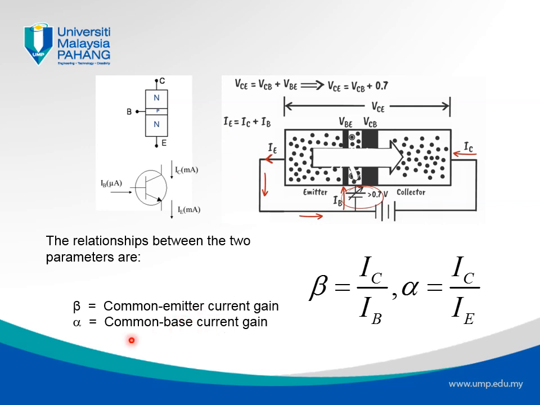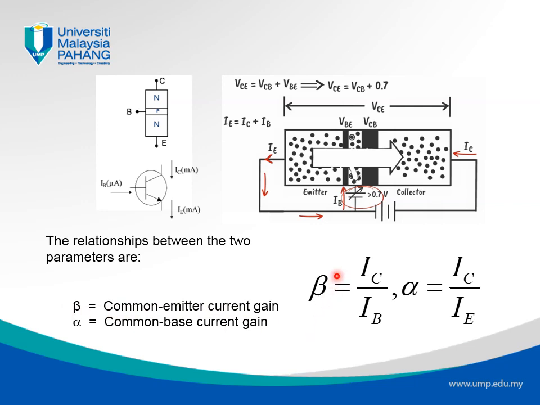The relation depends basically on the configuration of the transistor mounting. So here we have two configurations of transistor. The first one is what we call common emitter, and in the common emitter configuration we will have a common emitter current gain, which we call beta.